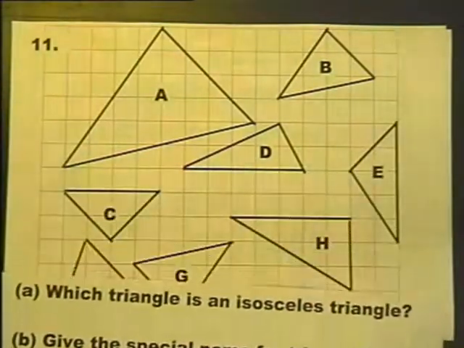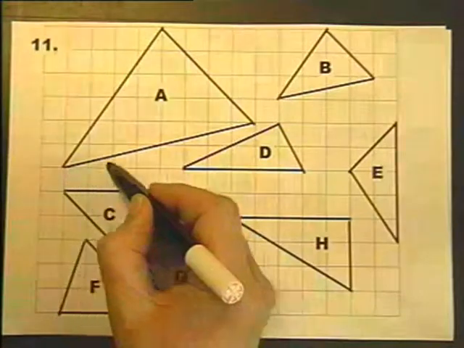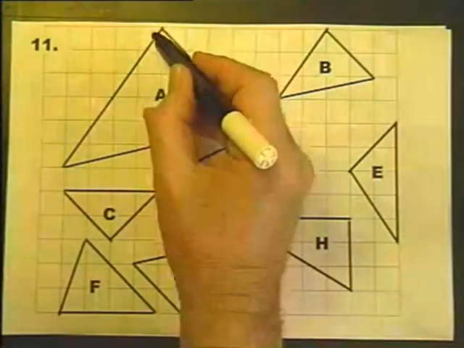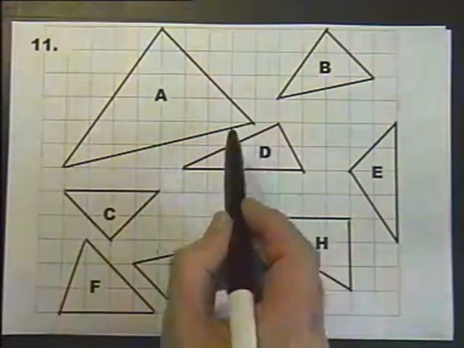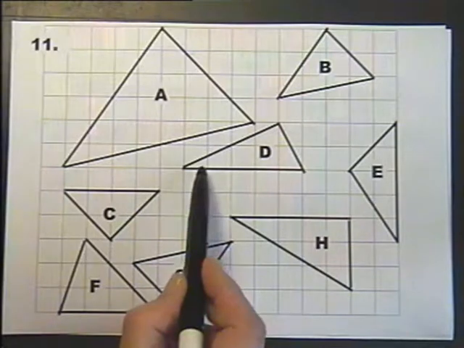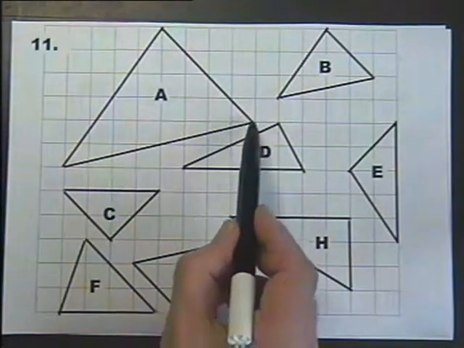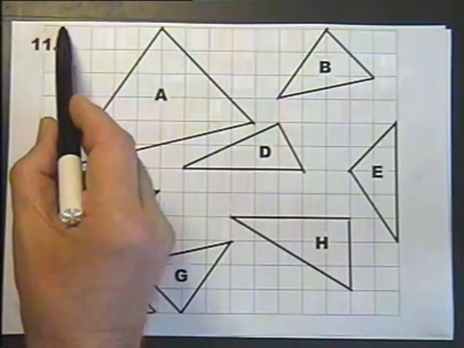Now take care. This looks like it's an isosceles triangle because it looks like those two lines are the same length. Now you can get a ruler and measure them, or in fact you could use counting squares. 2, 4, 6, 8, whereas this is 2, 4, 6.